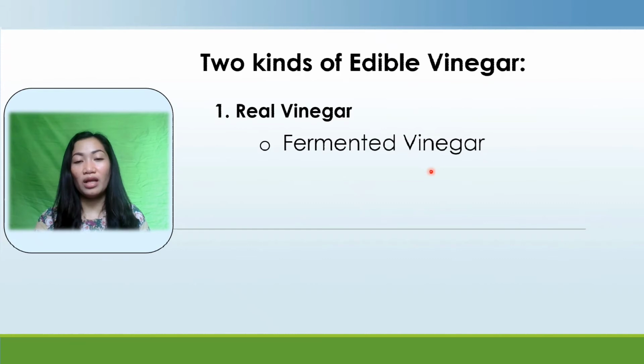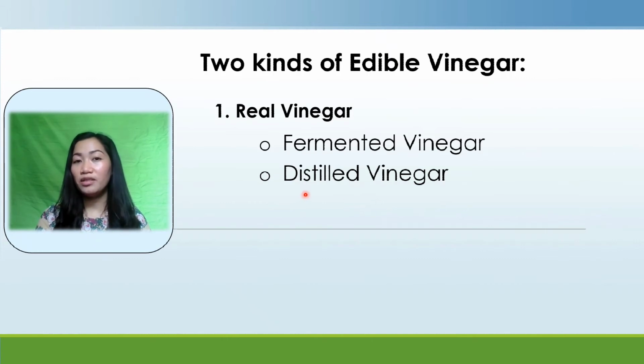We have also the distilled vinegar, which is made by the fermentation of alcohol with a vinegar-producing agent. These are examples of real vinegar, the fermented and the distilled vinegar.